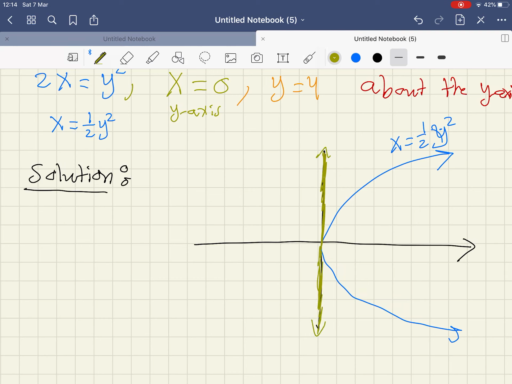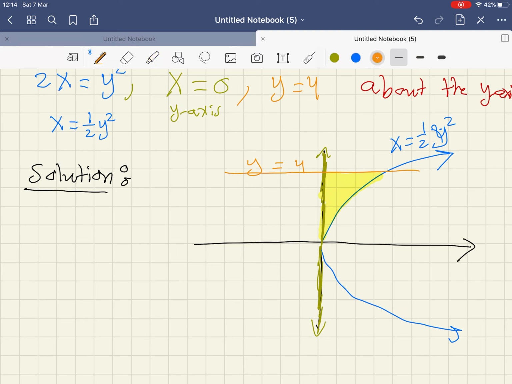This is part of the region. And finally, y equal 4 should be a horizontal line at 4. So let me assume it is this one. This is y equal to 4. Now I think you can see the region between the 3 curves. It's this region. Yes, you're right. That's the region. So this is the region that we are looking for.